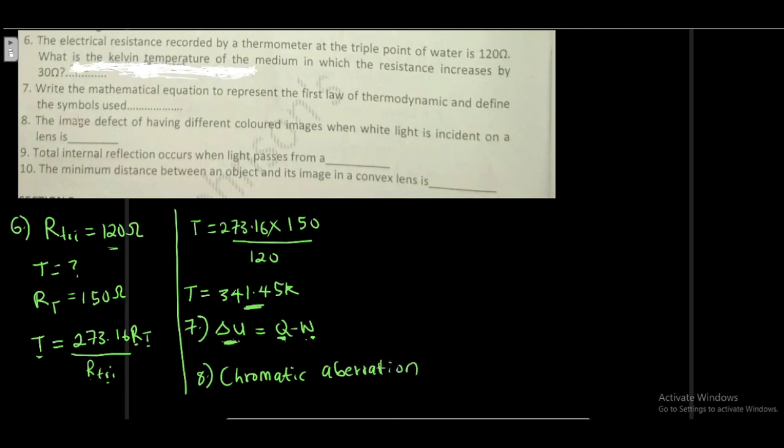Chromatic aberration is the image defect of having different colored images when white light is incident on a lens. This usually occurs because a lens has different refractive indices for different wavelengths or colors of light, so each color focuses at different points.